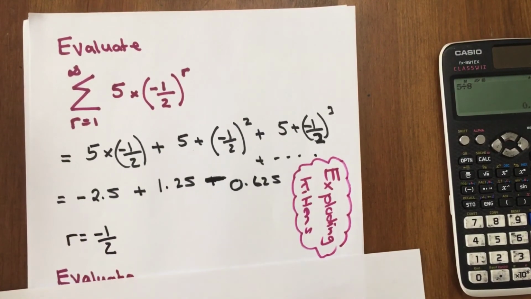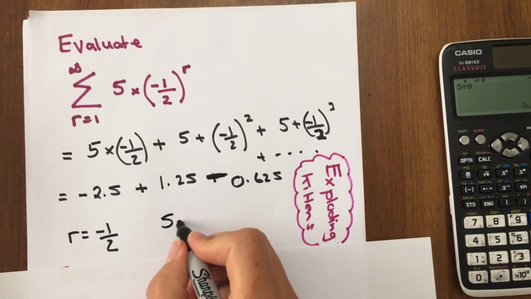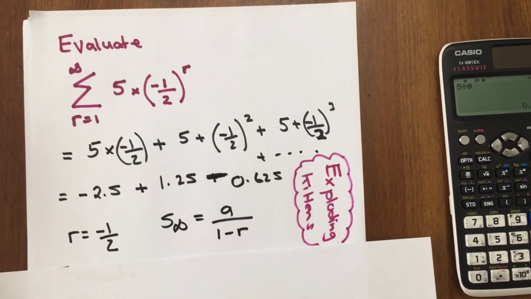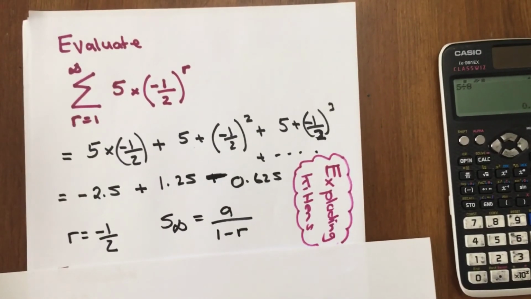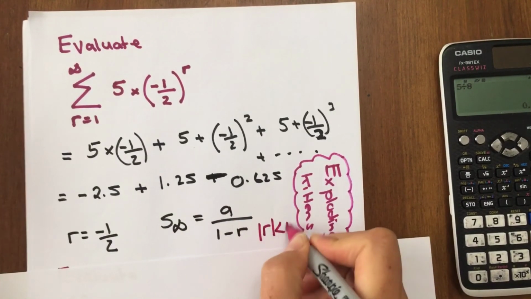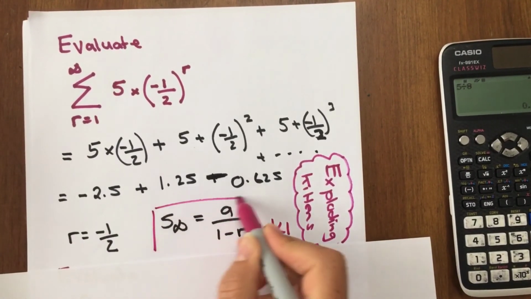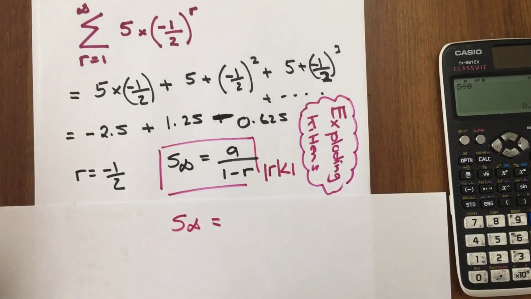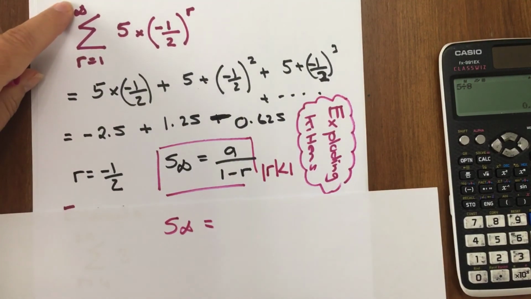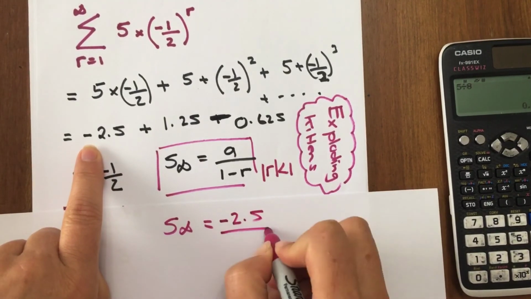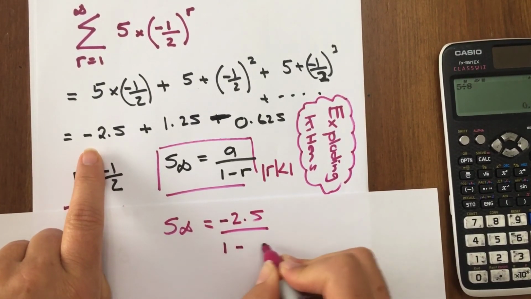So I know I've got a sum to infinity, which I know what my formula is. It's this. And I know there's a sum to infinity because the modulus of r, remember this only exists if the modulus of r is less than 1. So let's work out what the sum to infinity is. Because we're going to infinity here, I've got my first term, negative 2.5 divided by 1 minus a half.